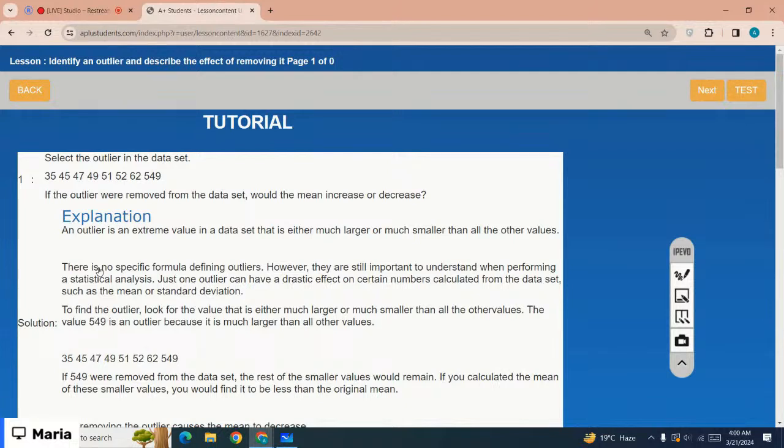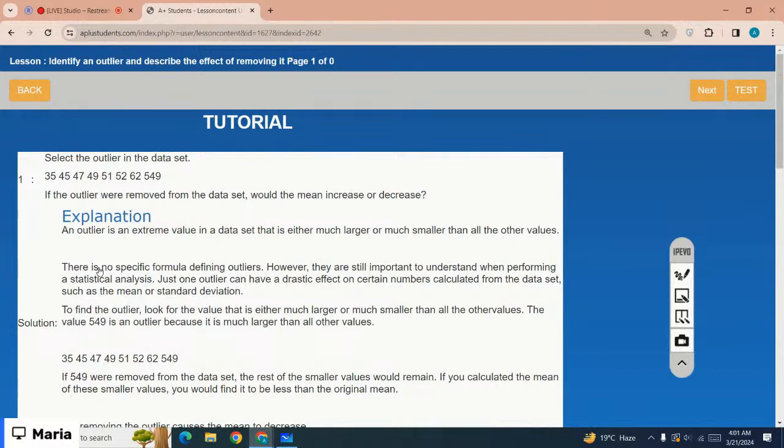Just one outlier can have a drastic effect on certain numbers calculated from the dataset, such as the mean or standard deviation, right? So to find the outlier, you have to look for the value that is much larger or the one that is much smaller, right? Here you can see all the numbers are two digit numbers, 35, 47, 49, 51, 62.